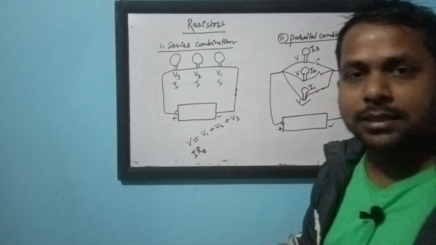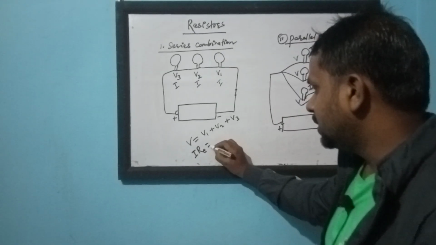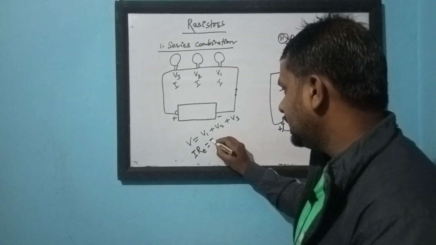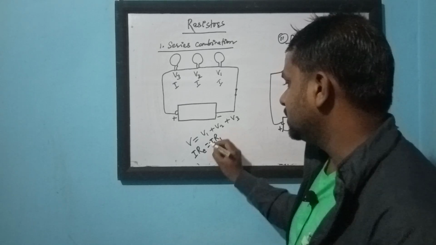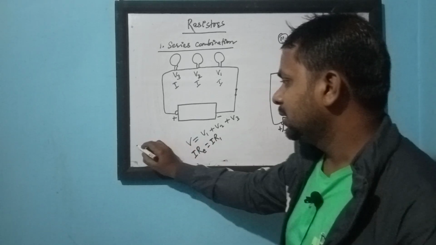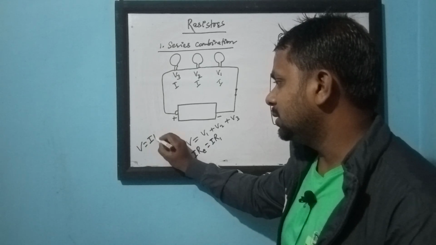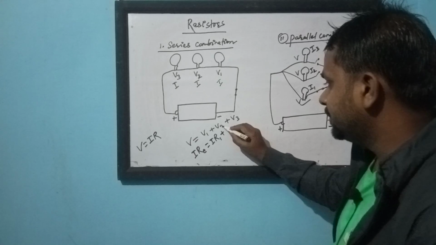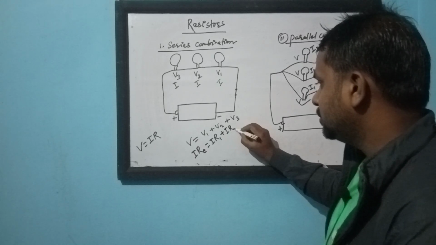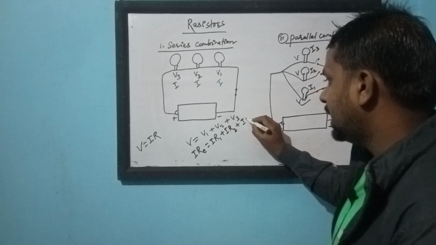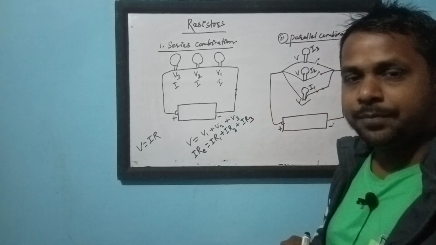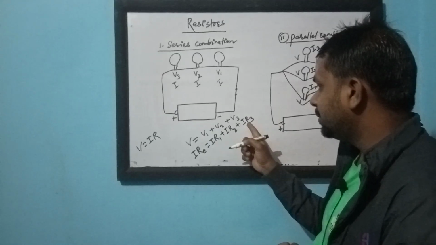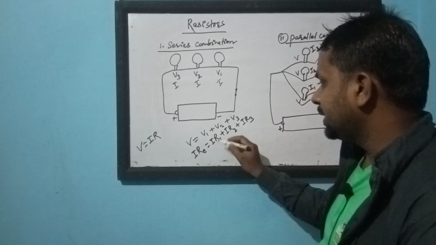V1 means we can write I into R1, because from Ohm's law, V is equal to IR. We are using V2 is equal to IR2 and V3 is equal to IR3. Here we can take I common and I can be cancelled.